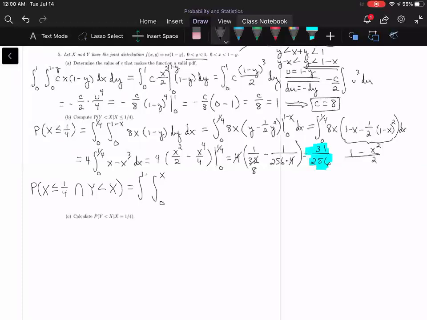X is bounded above by 1/4, and at the bottom 0. And our joint PDF is 8x times 1 minus y. We're integrating with respect to y first and x second. And so this is the integral that you want to solve for. And then you're going to divide that by what I highlighted in blue, and that'll give you your final answer for this one.